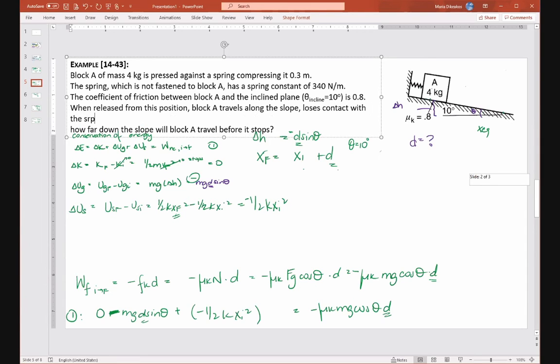So that way, you know that it loses contact with the spring, which means it's past the equilibrium position, and the problem would be clear. Any questions?